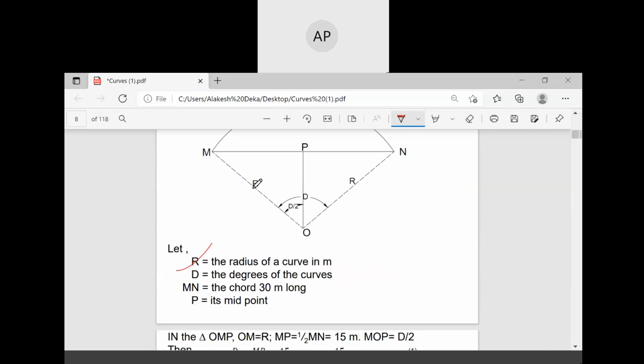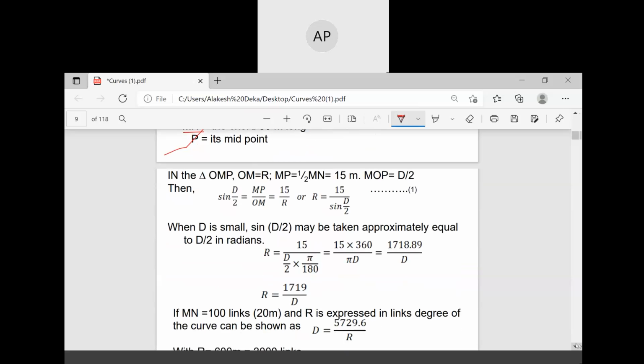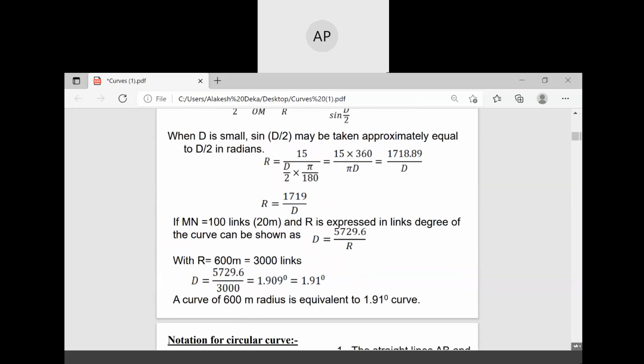R is the radius of the curve. D is the degree of the curve. What is D? This angle is called the degree of curve. MN is the chord length, and P is the middle point of the chord. So these are the general nomenclature.